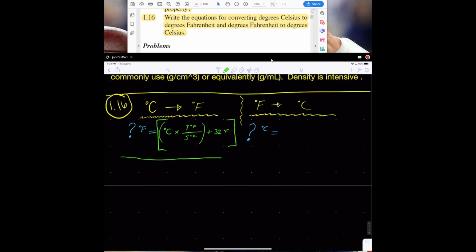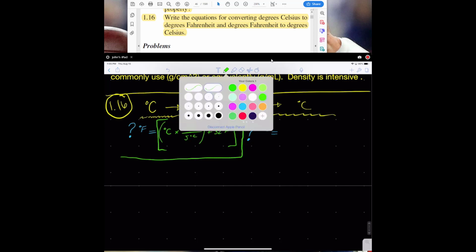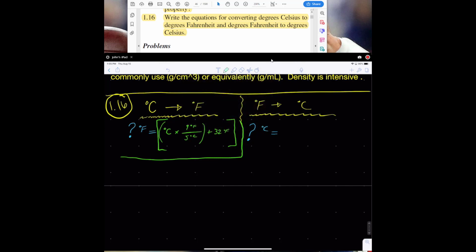So there's our equation for that. Using this equation, or formula, we can convert from degrees Celsius to degrees Fahrenheit. And then if we wanted to convert from degrees Fahrenheit to degrees Celsius, we can switch up this formula a bit, and it would look like this.